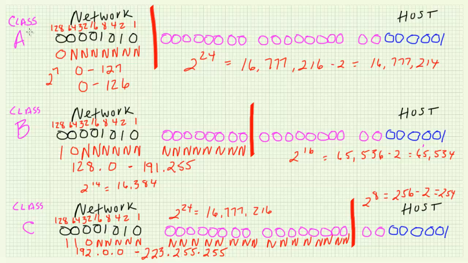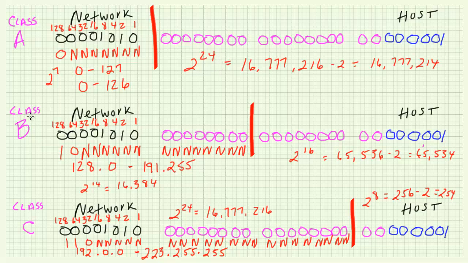That works out well because typically there's going to be a relatively small number of very, very large organizations, but these very large organizations would need a very large number of hosts. So we've got a relatively small number of Class A networks, only 127 of them going from 0 to 126, each of which has a huge number of potential host addresses.